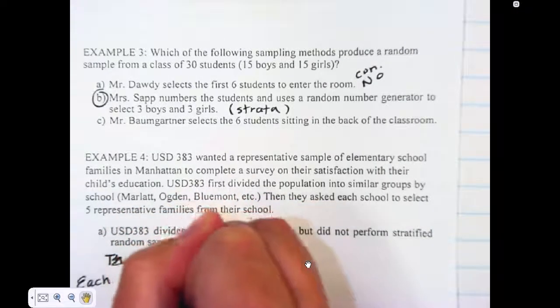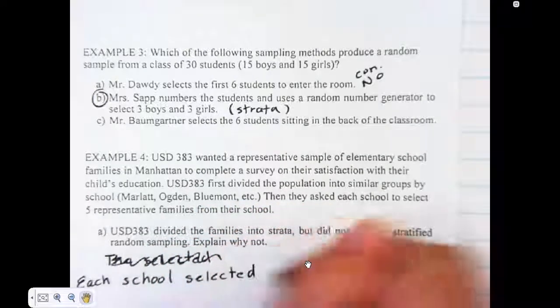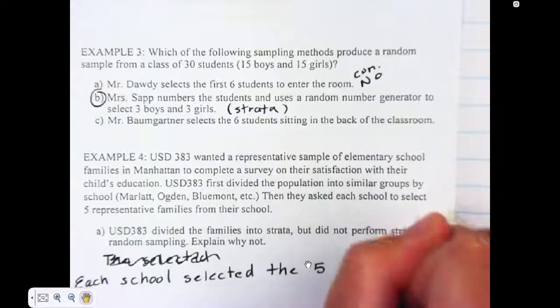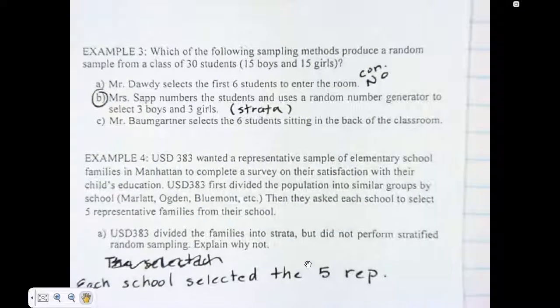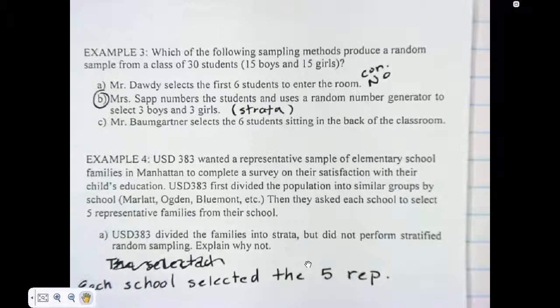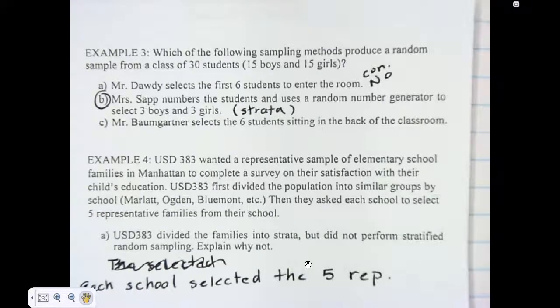Each school selected the 5 representatives. They weren't random. Okay. Sad thing is I had this all written out and then I still didn't write it. But anyways, right there, since each school got to select the 5 representatives, that's what made it not a good sample. If I was in charge of the school, I would pick 5 families I knew were happy. So hopefully the whole school is happy, but that's probably not the case.